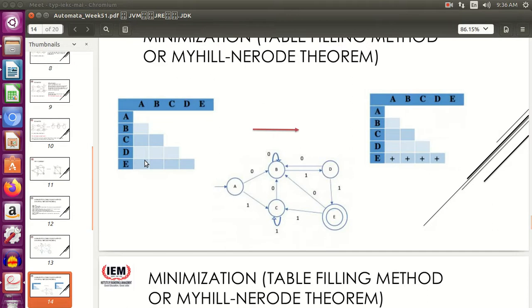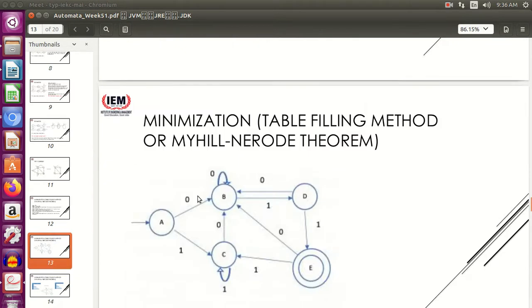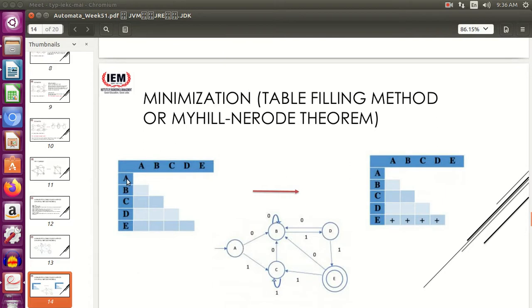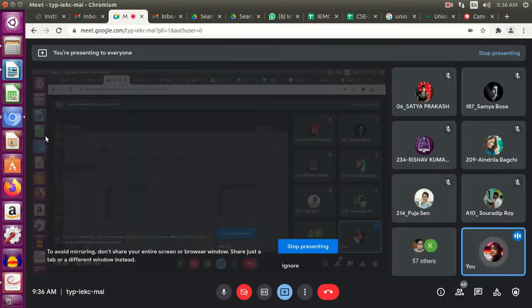Now coming to the process. The first and foremost thing that you need to do is construct a table. This is already done over here, still I'll go to the canvas and do it for you. Here we have 5 states, A, B, C, D, E. With respect to these 5 states, we have to construct the table.